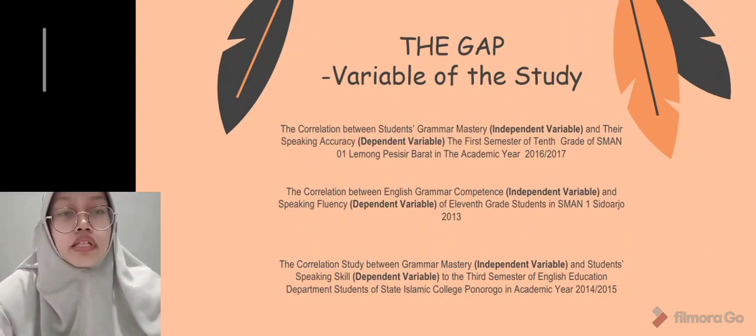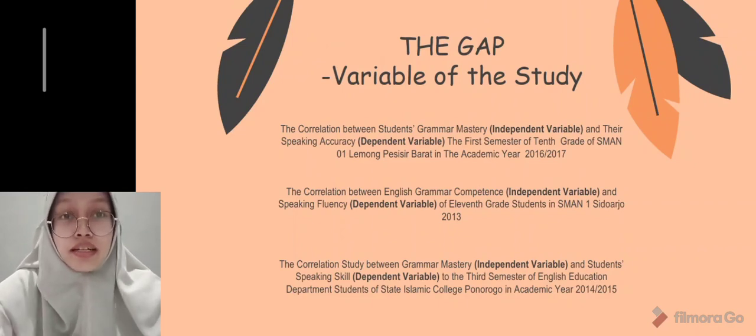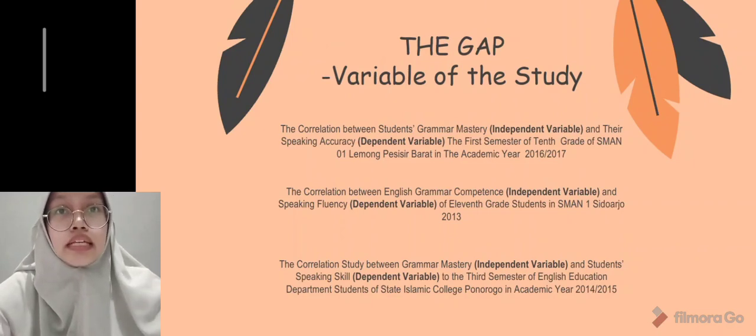The first research is the correlation between students' grammar mastery and their speaking accuracy, the first semester of 10th grade of SMA Negeri 1 Lembang Pesisir Barat in the academic year 2016-2017. What are the independent variable and dependent variable? The independent variable is students' grammar mastery, and the dependent variable is their speaking accuracy.